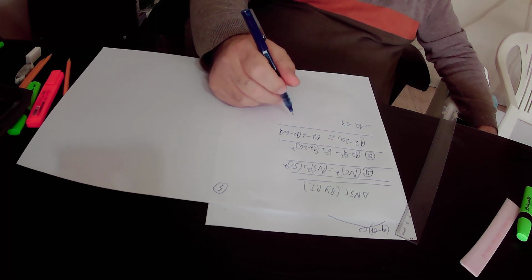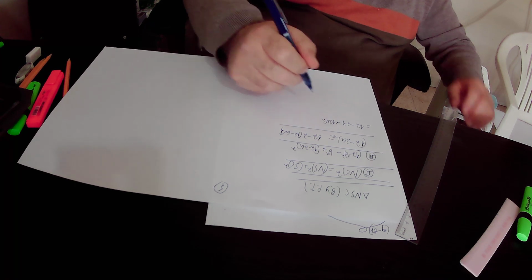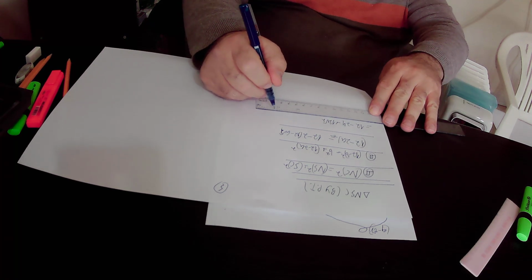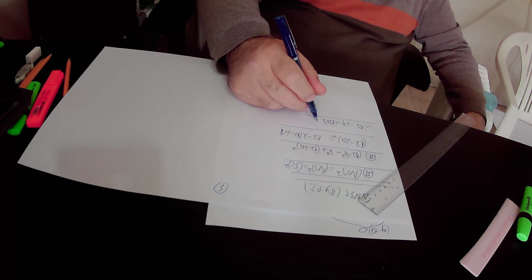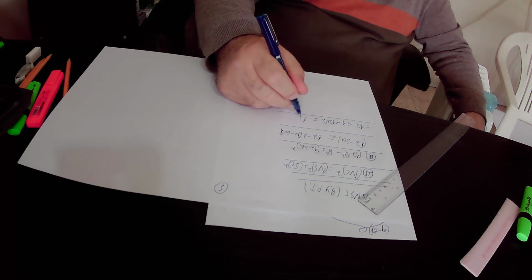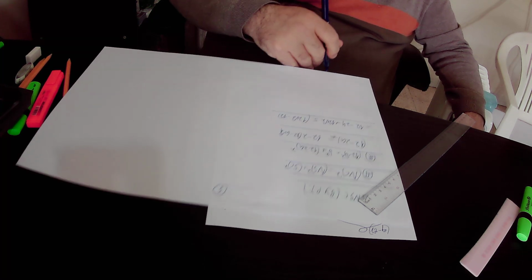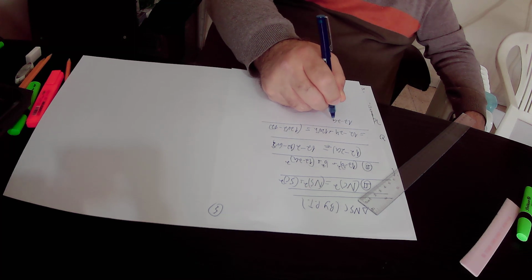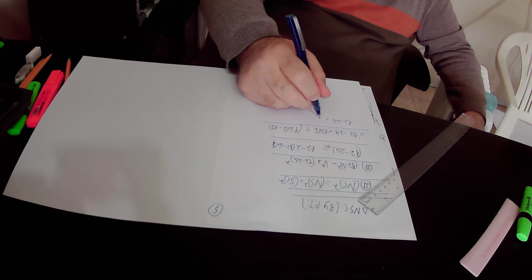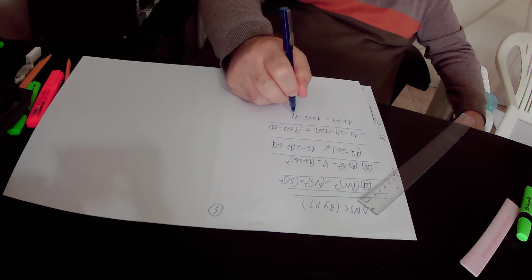Minus 2 times minus 6 is plus 12 times square root of 2. 12 minus 24 is minus 12, so here we have 12 times square root of 2 minus 12. So in conclusion, we found out that 12 minus 2a is actually equal to 12 times square root of 2 minus 12.